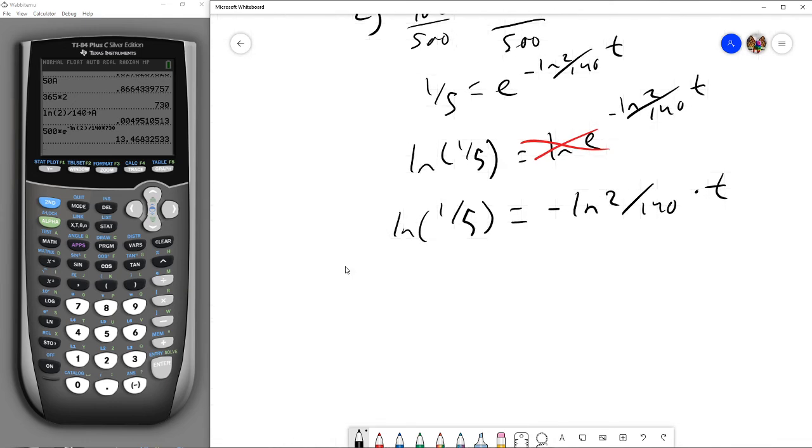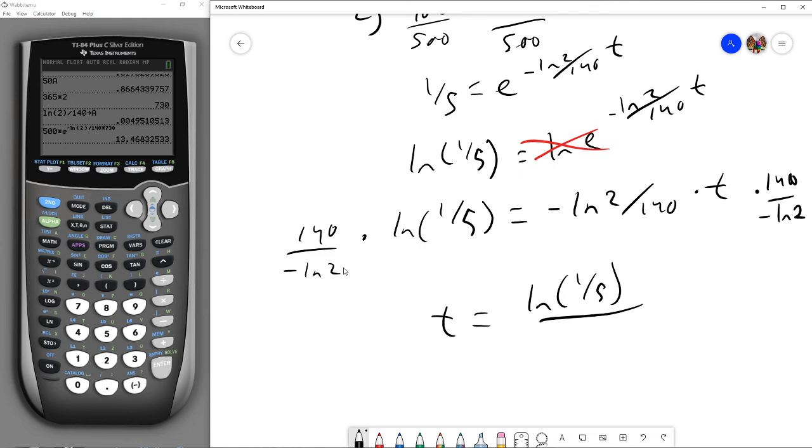Alright, so I'm going to divide out our negative natural log 2 over 140. That's the same thing as multiplying by 140 over negative natural log 2. So then t will equal natural log of 1/5 times 140 over negative natural log 2.